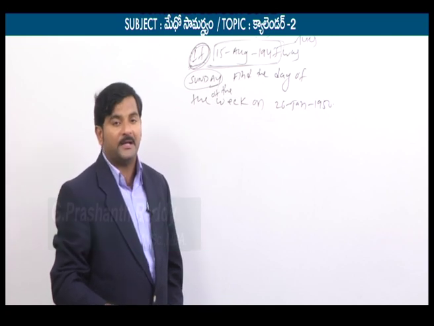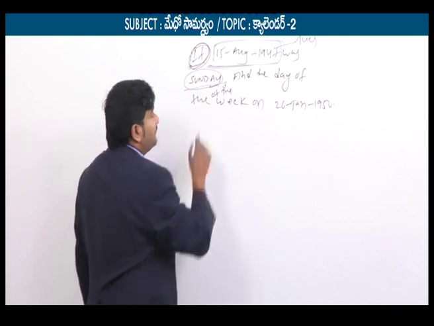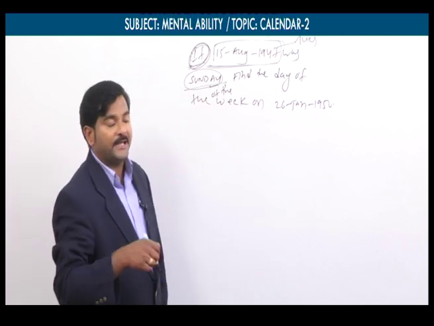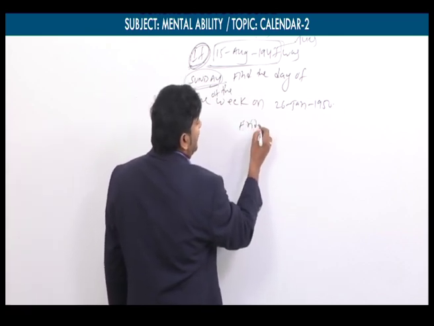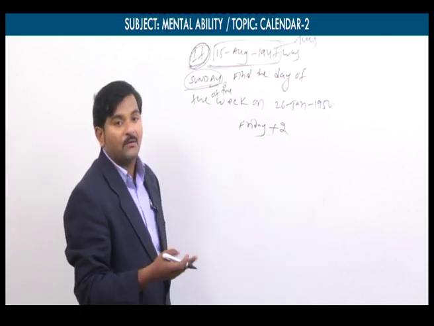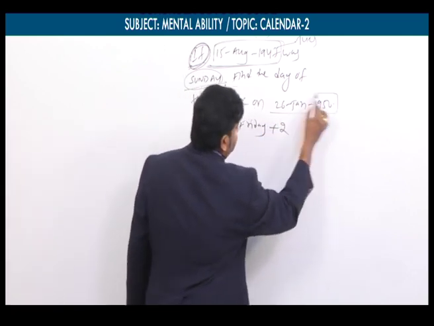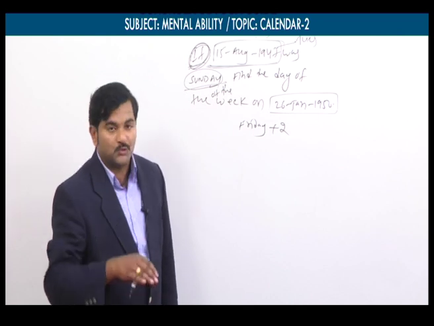We got independence on Friday. But actually what was given? Sunday given. What was the actual day? Friday. How many days did he add? I am getting Friday, but he added 2 days, because Saturday, Sunday. Now what do I have to do? Similarly, for the same date, we need to add plus 2 days.